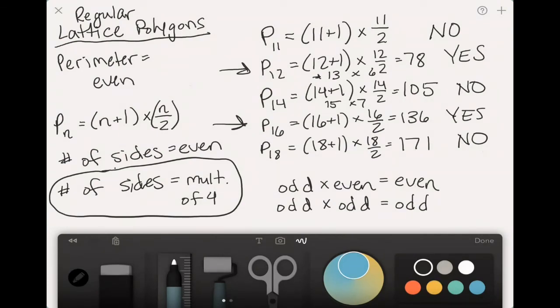So we used inductive reasoning and finding patterns to make future solving of regular lattice polygons a lot faster and easier, because we saw the patterns and we made a general rule which will apply to all regular lattice polygons.